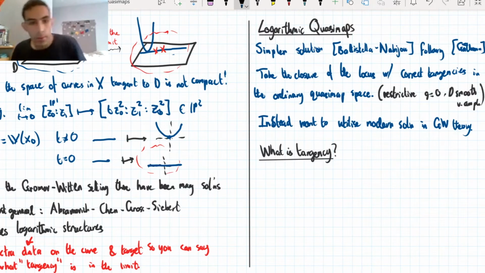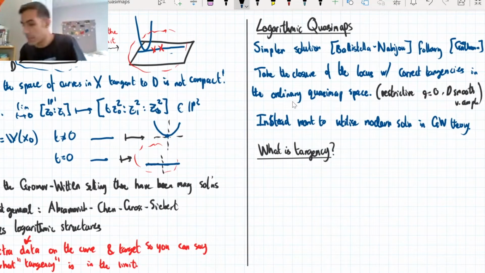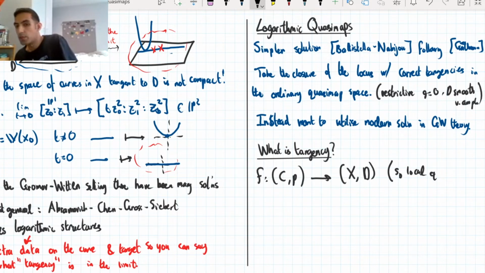Okay, but first maybe I'll say something about what tangency is. So, what is tangency? Let's say I have a curve and a point and a map to X, and I care about tangency to some divisor D, and let's say SD is the local equation that cuts out D. What is the tangency at P?